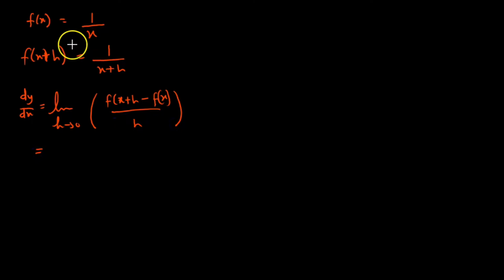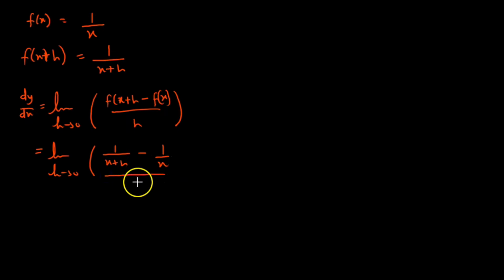Going further, then I just have to substitute my values of f of x and f of x plus h. So that will be leading me to limit as h approaches 0 for 1 over x plus h minus 1 over x all on h.